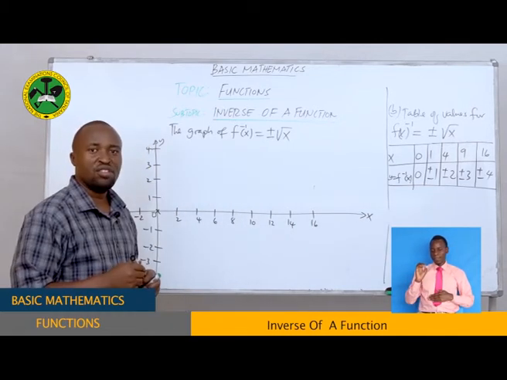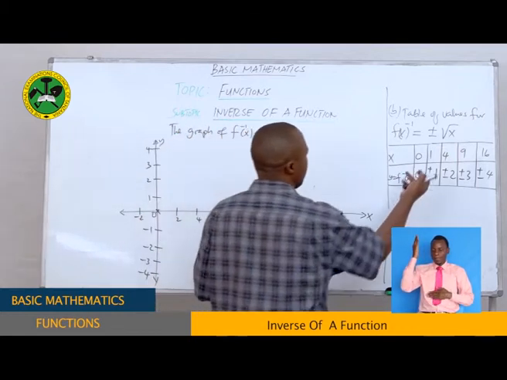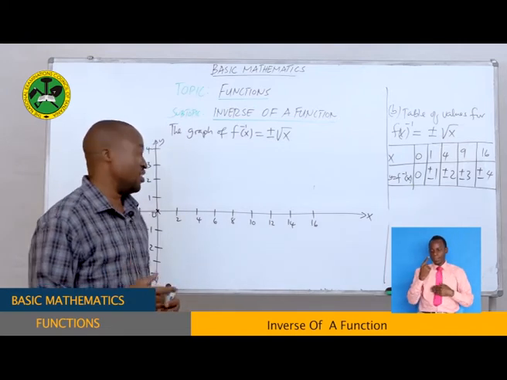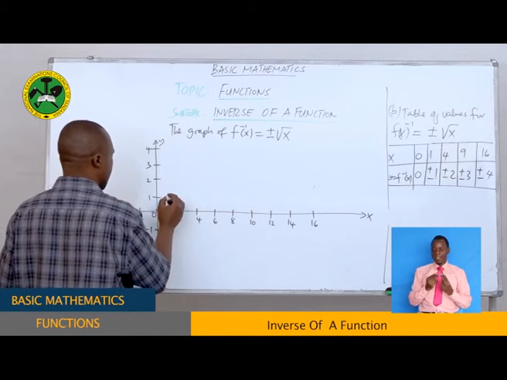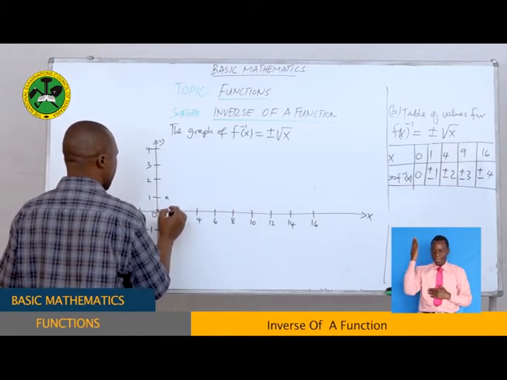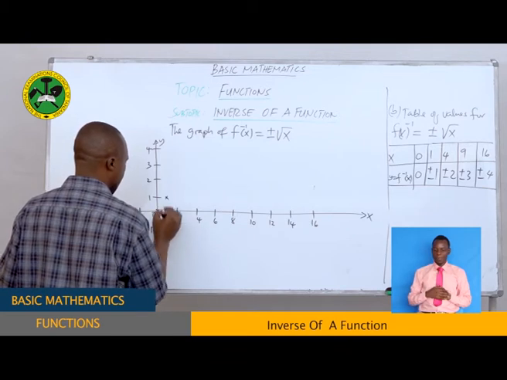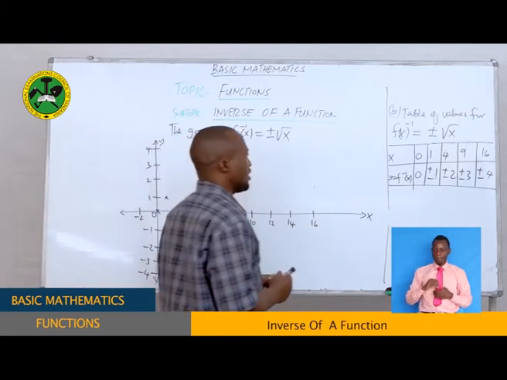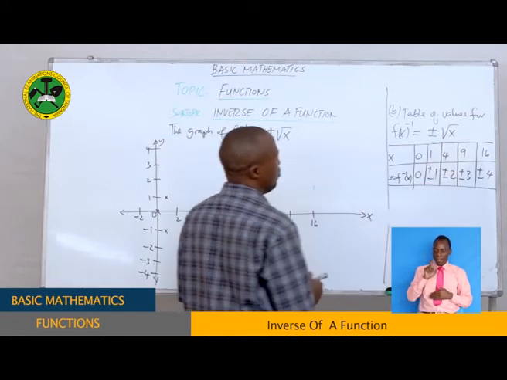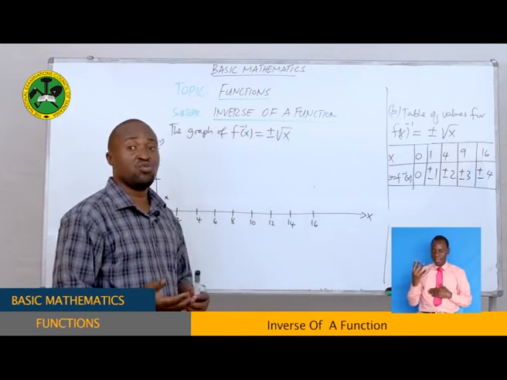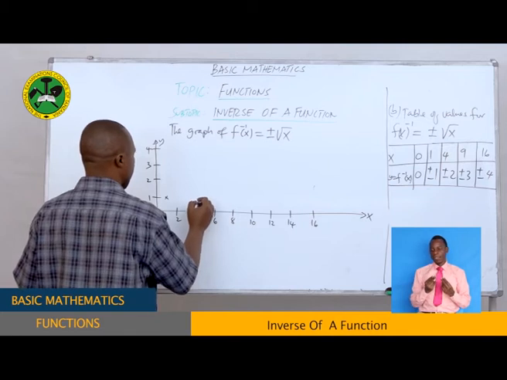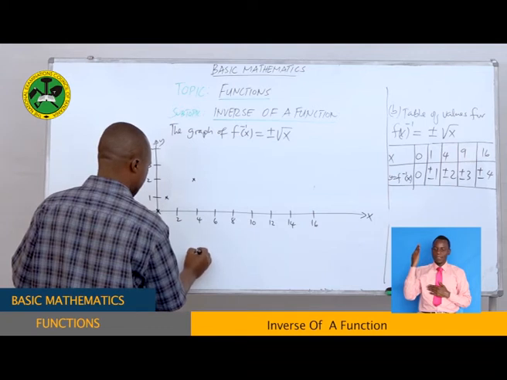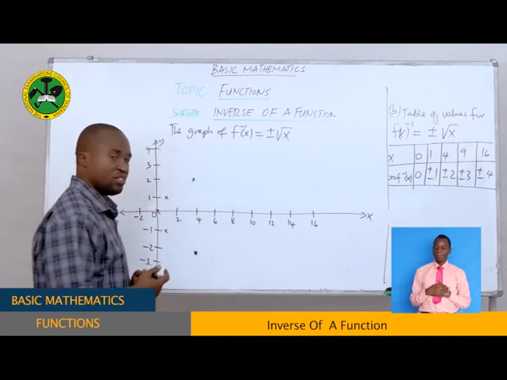The next is x is 1, while y is plus or minus 1. That is for 1. There will be a coordinate here, but again, on the opposite side, somewhere there. Then when x is equal to 4, y is plus or minus 2. It will be that way.